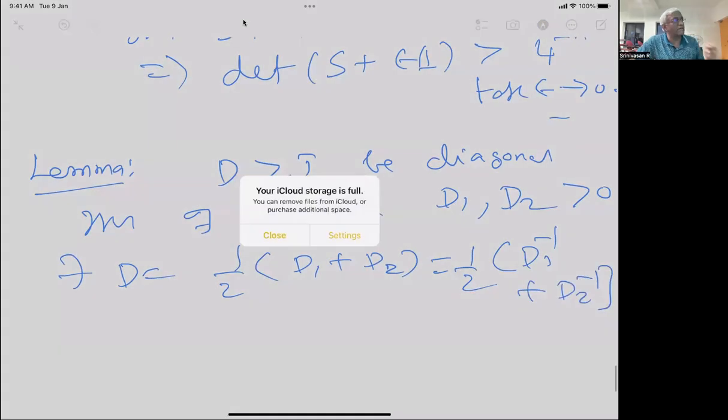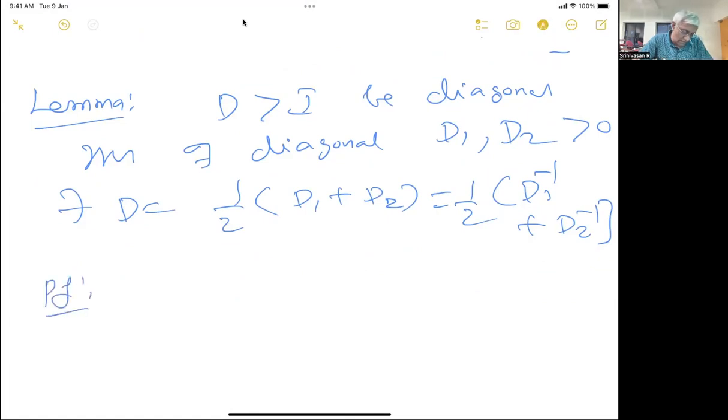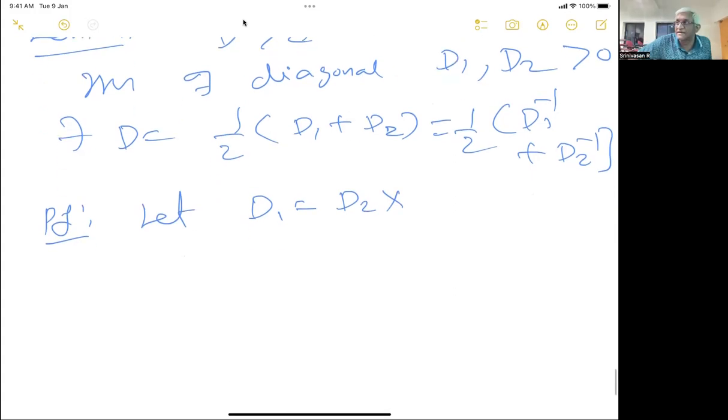That's all; we have to write it like this. Proof. It is enough to prove this for real numbers, as I said. Let D1 equal D2 times x.